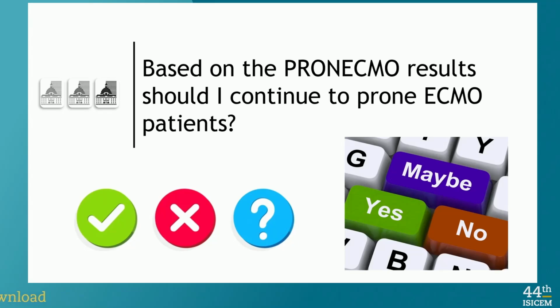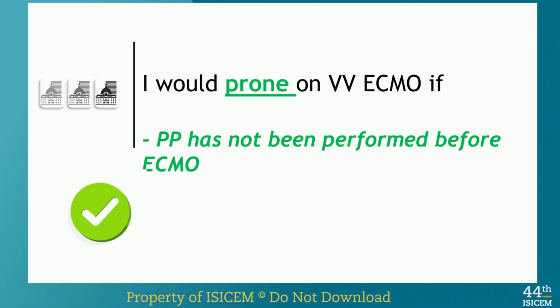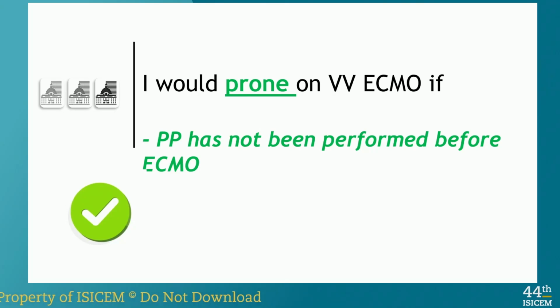It means, should we continue to prone ECMO patients? If yes, for which patients should we do it? I will try to summarize what we have learned with this trial. First of all, I will probably continue to prone on VV ECMO if my patient has not been prone before being on ECMO.